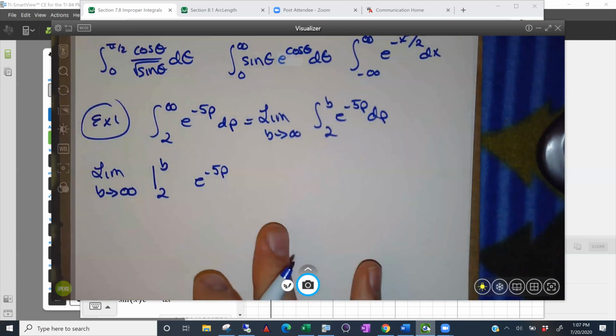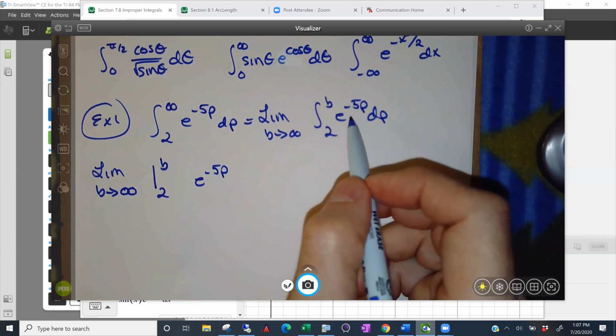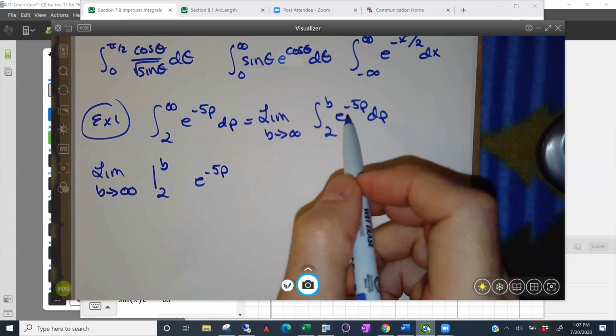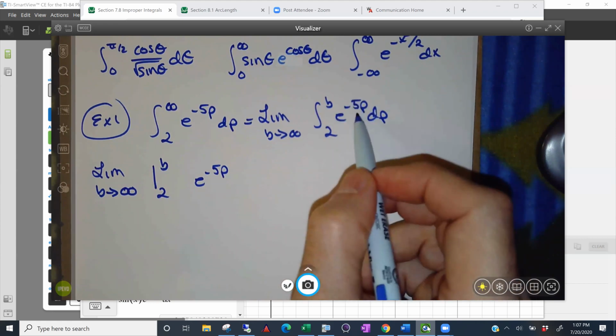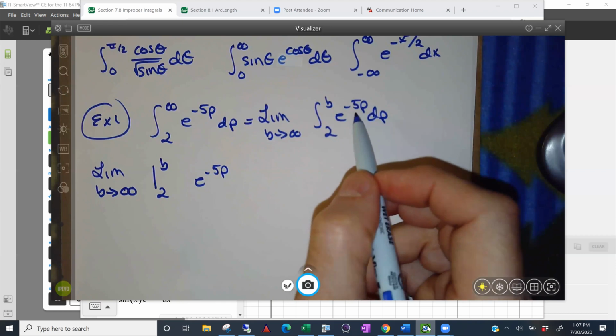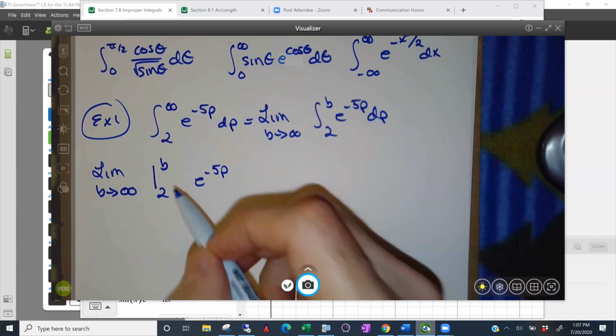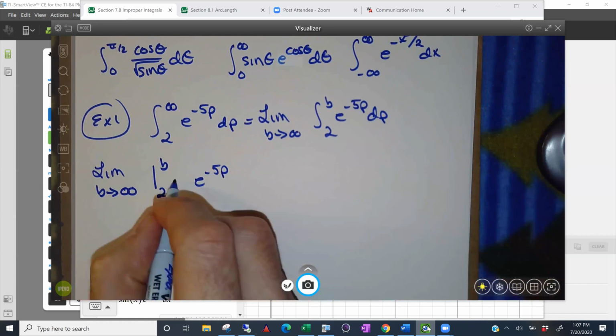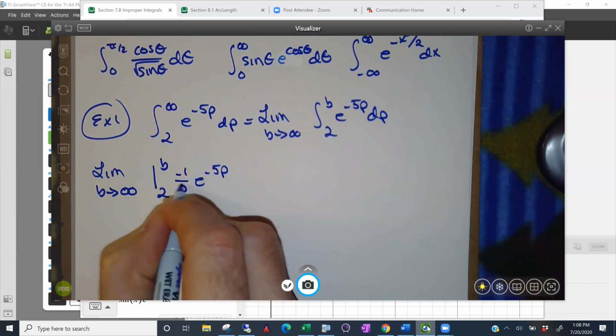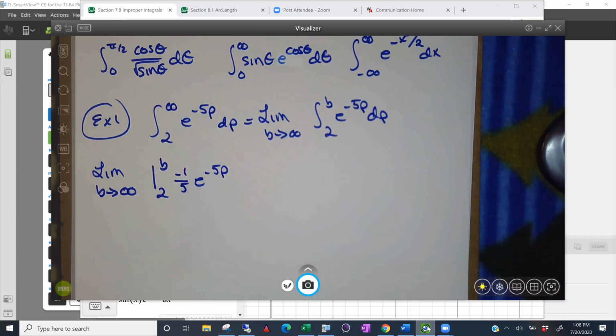Negative 1/5. Beautiful, negative 1/5. I always think of it this way. If I were to differentiate this, I'd end up having to multiply by negative 5 because of the chain rule. Since integration is the opposite operation, instead of multiplying by negative 5, I'll divide by negative 5, or multiply by negative 1/5. Perfect. Thank you.